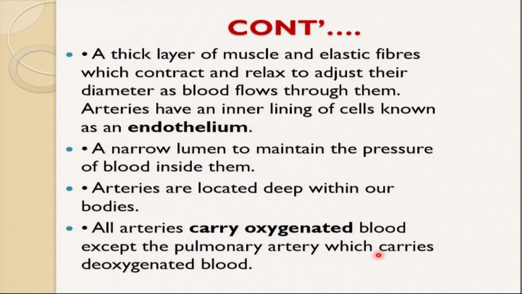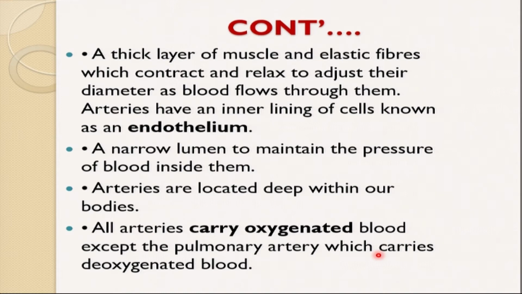And I said arteries have an inner lining of cells known as the endothelium. Another characteristic of arteries is that they have a narrow lumen, not a large lumen. Why do we say the lumen must be narrow?